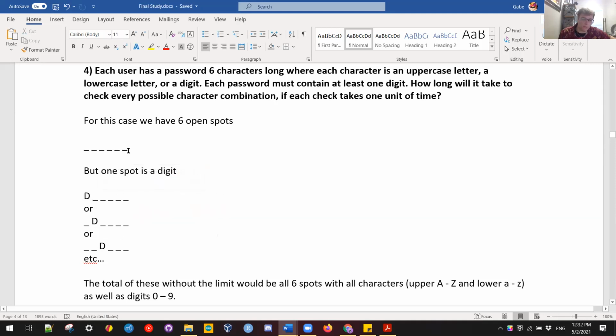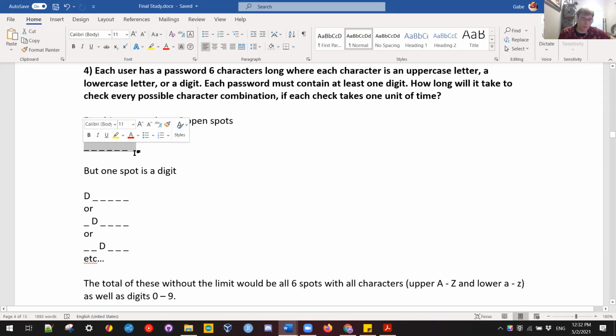So for this, technically you have these 5 others that could be anything. I think it would be easier, instead of calculating each case, to figure out the total with no limitation, and then subtract the amount where it's all characters only.